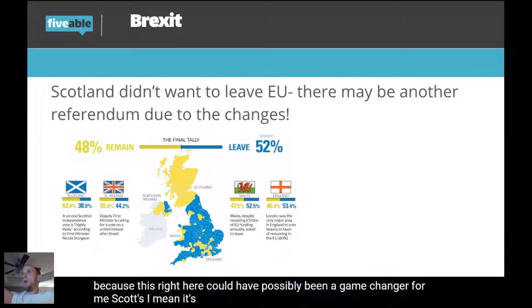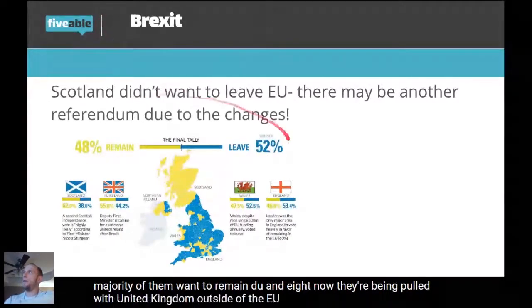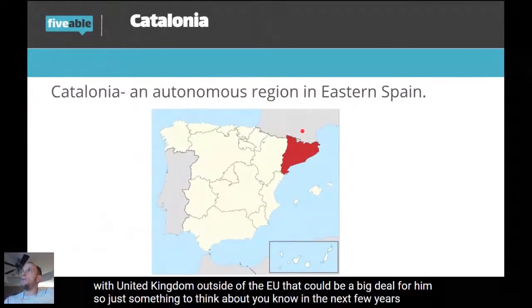I mean, there's no way of knowing that, but if the majority of them want to remain in the EU and they're being pulled with the United Kingdom outside of the EU, that could be a big deal for them. So just something to think about, in the next few years, you might see that.